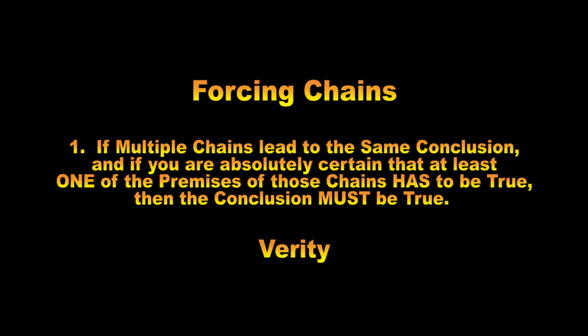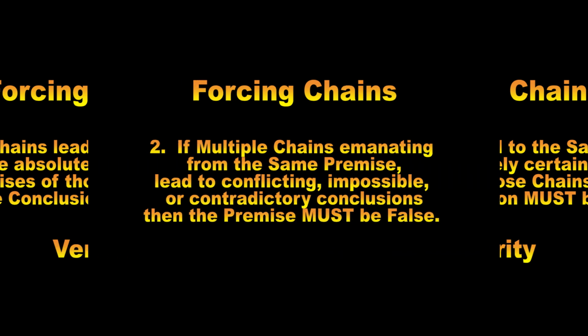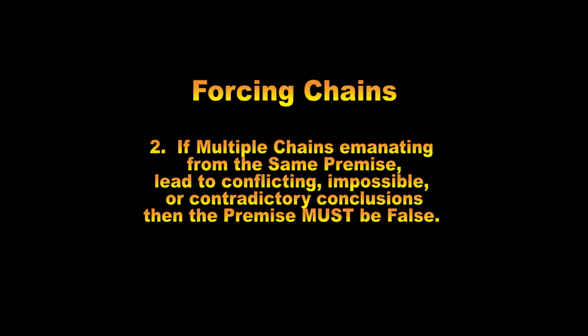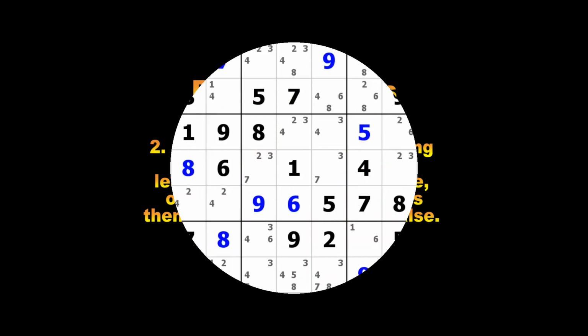This is called a verity. And 2, if multiple chains emanating from the same premise lead to conflicting, impossible, or contradictory conclusions, then the premise must be false. A DL type 2 can be proven using either kind of forcing chains, but let's take a look at rule number 2 first.